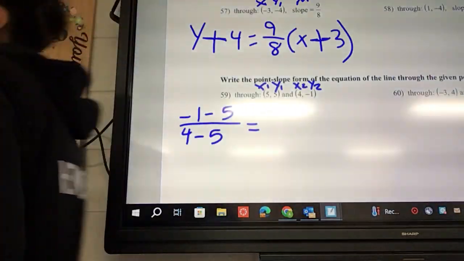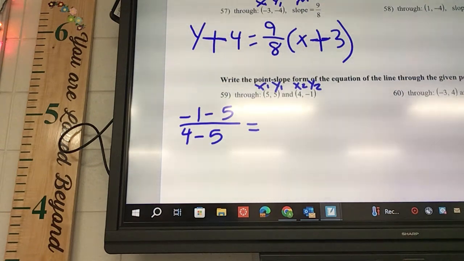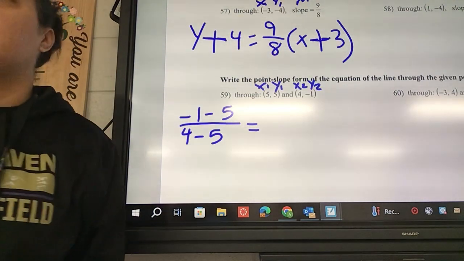Okay, so we can type that in our calculator and see what you get. It should be 6. I don't know. Somebody better double check it.